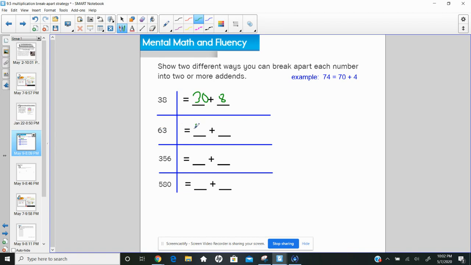63, same thing. We're going to break it up into 60 and 3. Now, this one needs to have one extra one. And so it would be 350 and 6. We don't want to bring 56 together because we still don't know how to multiply times 56.